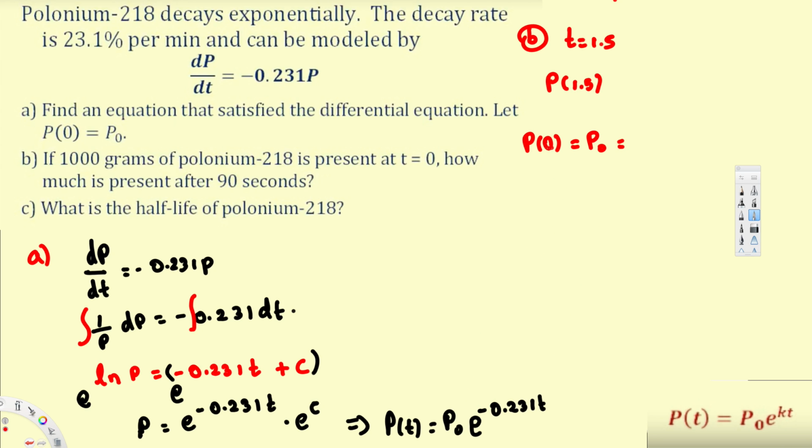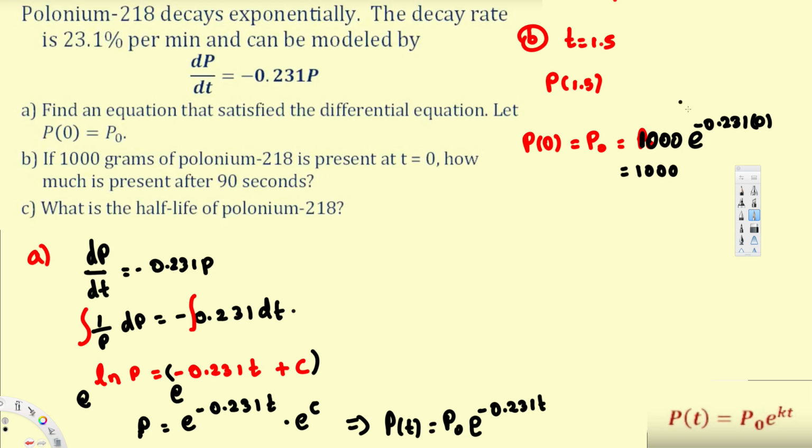P(0) is 1000 grams, so we have 1000 e^(-0.231 times 0), because time is 0, and that is equal to 1000. So this is our P0 value.